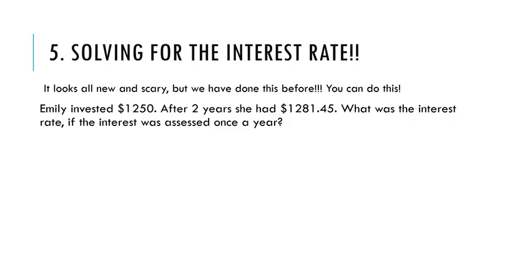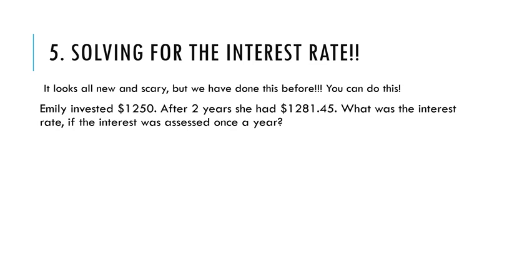So we are going to use A equals P times 1 plus r over n, to the nt. It's going to be a plus because she went from this amount to this amount, she went up.